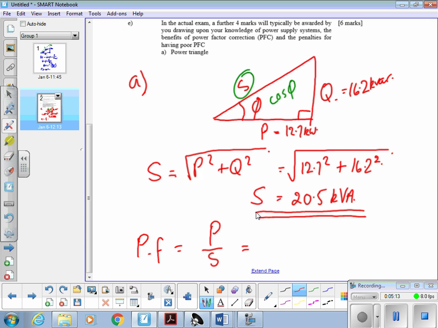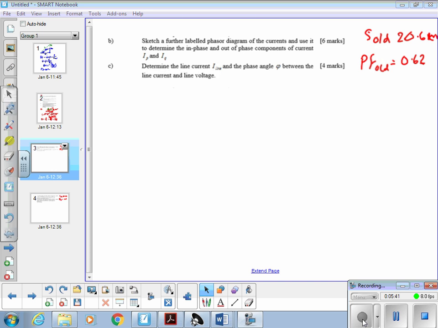And then you just do 12.7 over 20.5. And you can do them without doing the thousands because they're both in kilo. That gives 0.62. Final answer, underline it. Moving on then to part B.